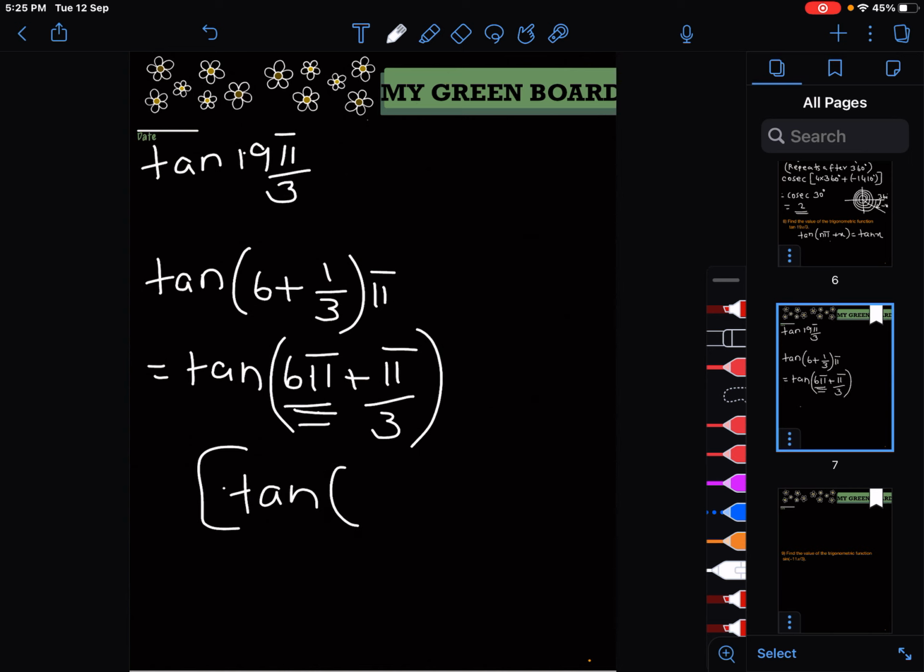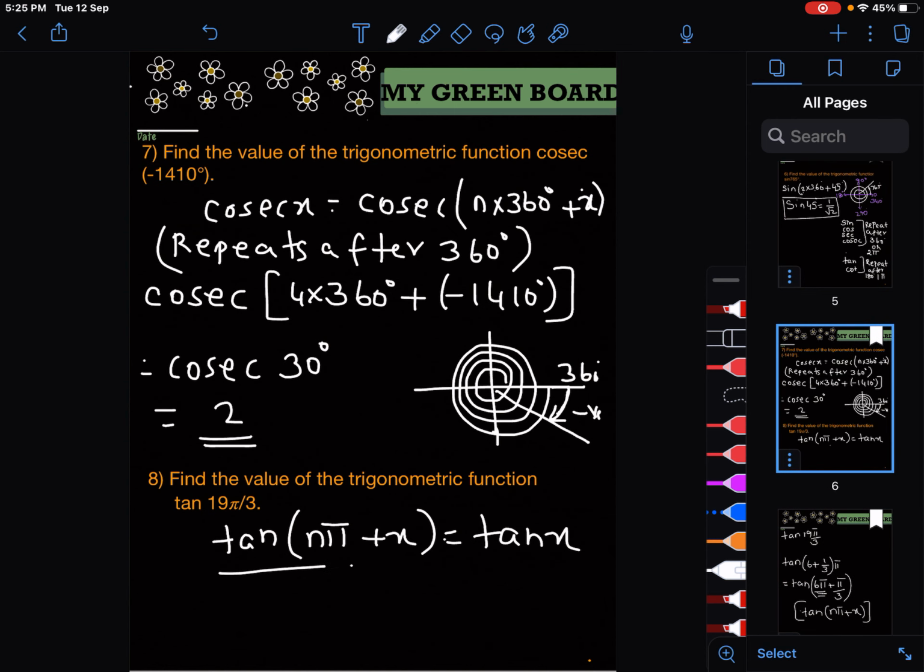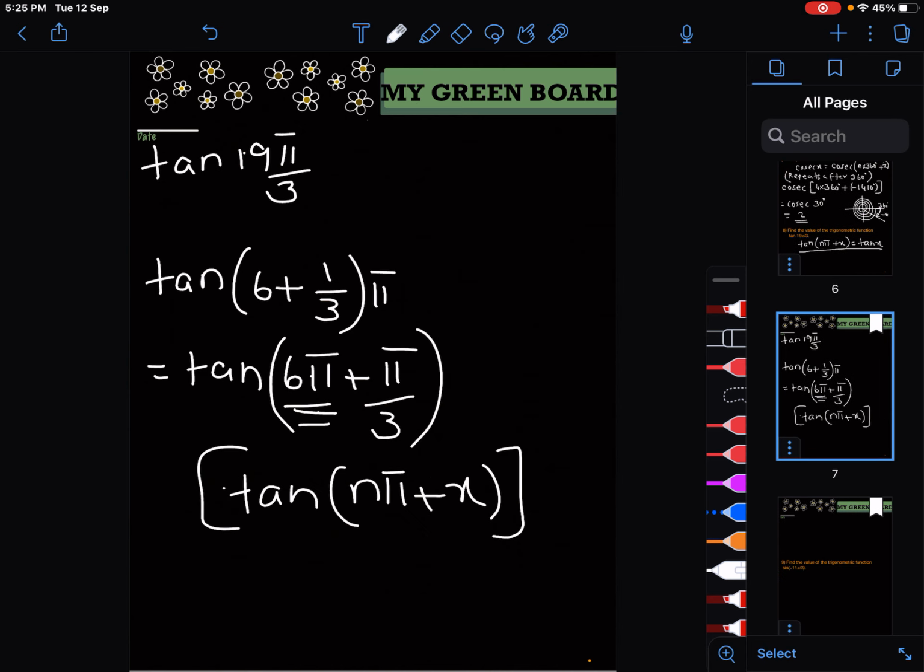Tan of n pi plus x, isn't it? Isn't it children? See, tan of n pi plus x. So I have just written it as the identity. This is the reason. Now from here, we just need to ignore this 6 pi, and whatever x is written here you have to write as the answer. Okay, the answer would be tan of pi by 3.